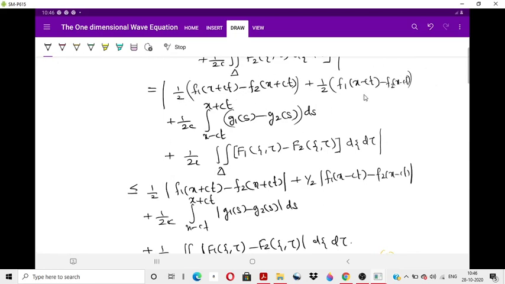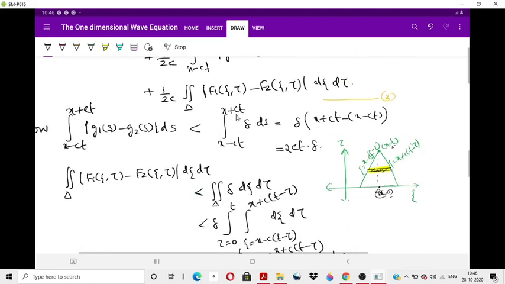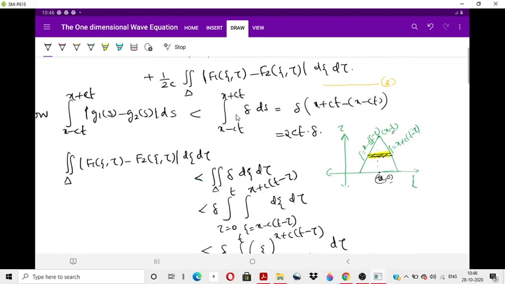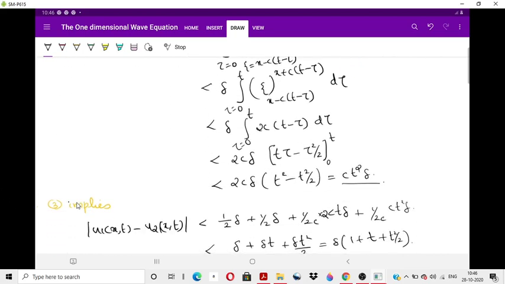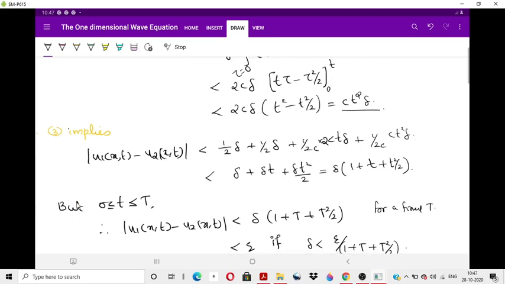This is also 1 by 2 into delta, and this one we have calculated as 1 by 2c into 2ct delta, yes, 2ct into delta, and the double integral is less than ct square delta. Substituting all this in the third inequality, we will obtain it as less than delta plus delta t plus delta t square by 2. Taking delta outside, this is delta into 1 plus t plus t square by 2.